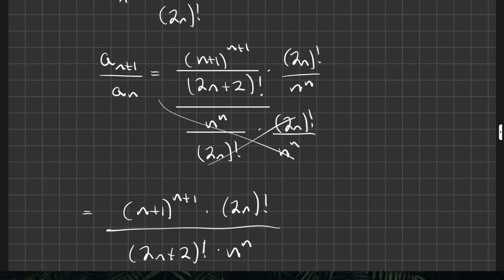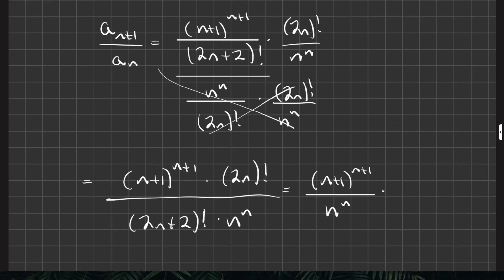So this just comes out to (n plus 1) to the n plus 1 over n to the n, times (2n) factorial over (2n plus 2) factorial. Just write it as this.